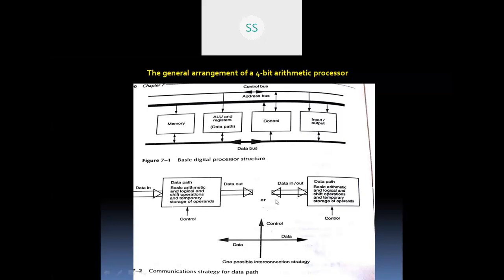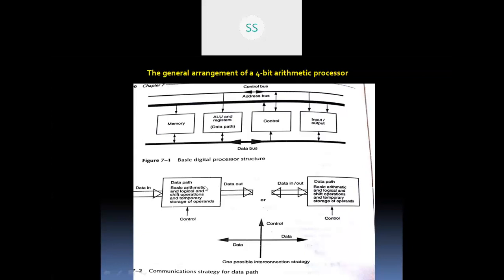In the next diagram, it shows the block diagram version of only the data bus. It is only the data bus that is considered here in detail. You can see this is a data path, with data in and data out.